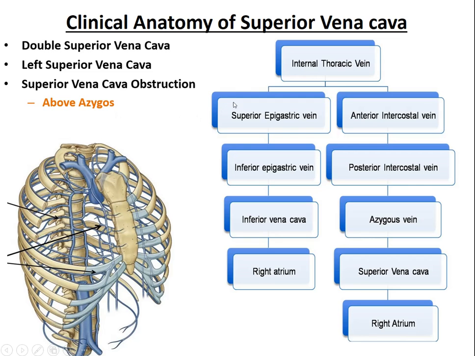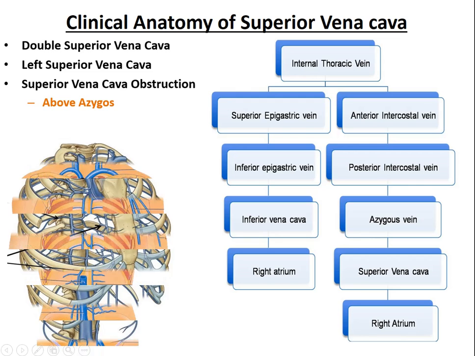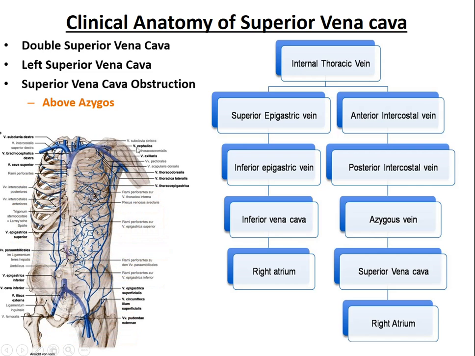In addition, there are a few other collateral channels, like you have already seen in the rectus sheath. The internal thoracic vein has a tributary, the superior epigastric vein, which anastomoses with the inferior epigastric vein, which ultimately drains into the external iliac, to the common iliac, to the inferior vena cava, and finally reaches the heart.